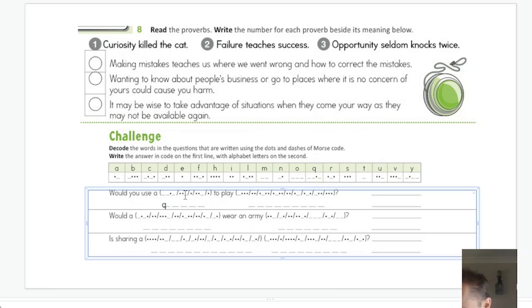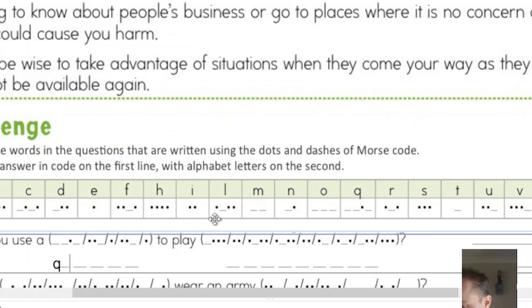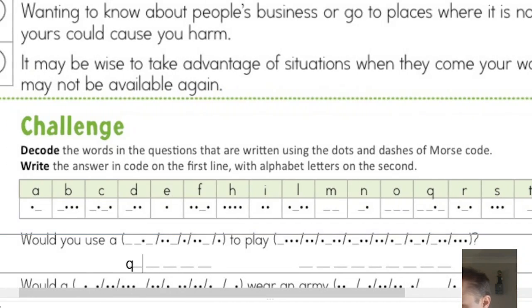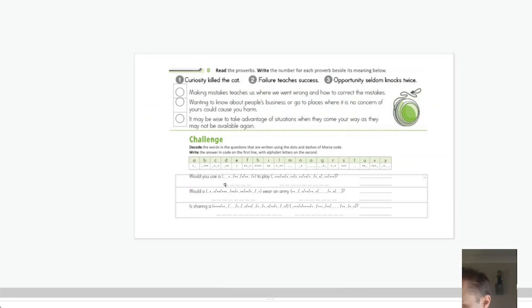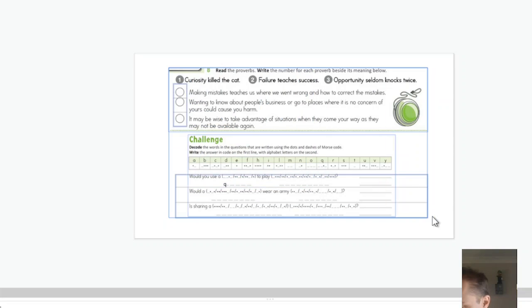Dot dot dash. Now remember, if you're having trouble looking, you're going to zoom in here. Zoom in. Maybe not that much. Oh, yeah, there's a cool one there. Actually, I'm going to go back to normal. And then I'm going to click zoom and do a drag.